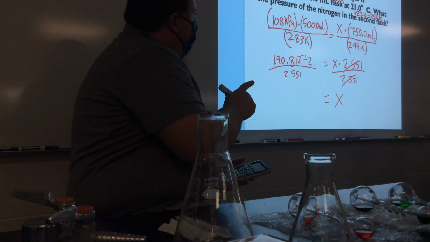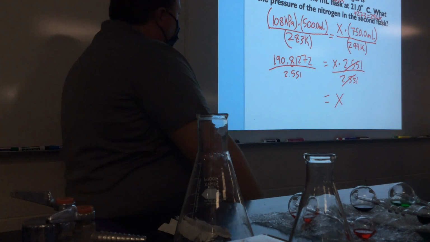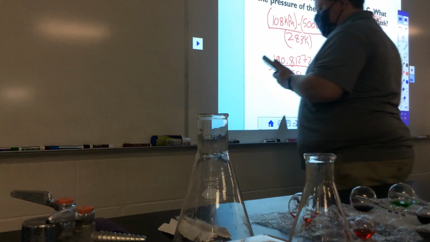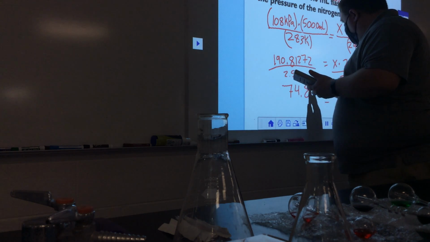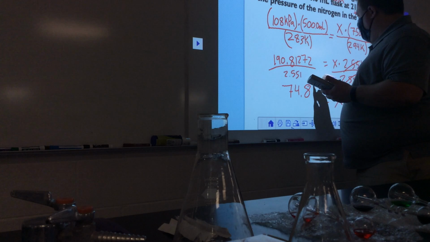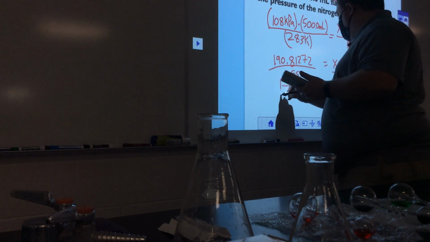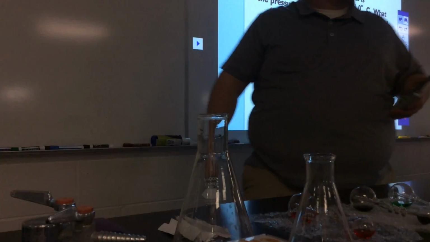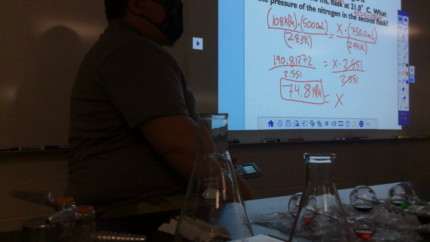We got 3, 4, 3, 4, and 3. So 3 is the lowest. So we round that to 74.8. It is pressure in kilopascals, kPa. Actually, a pretty low pressure. Okay? Questions?